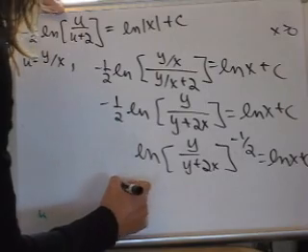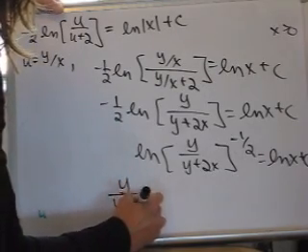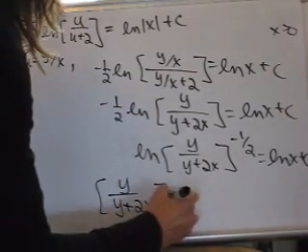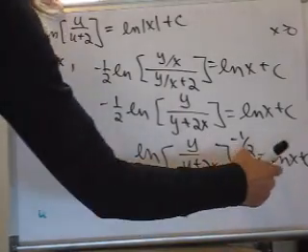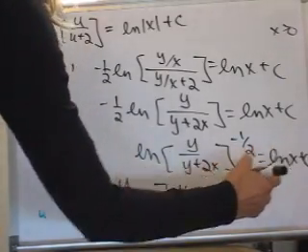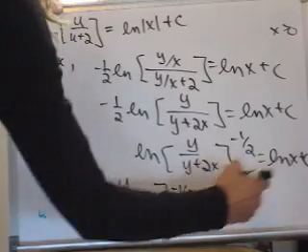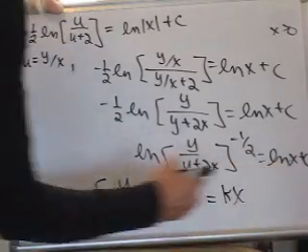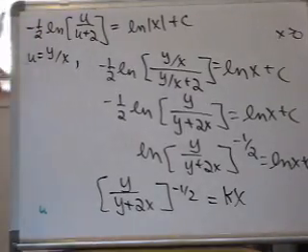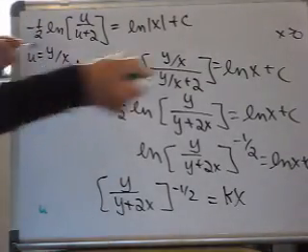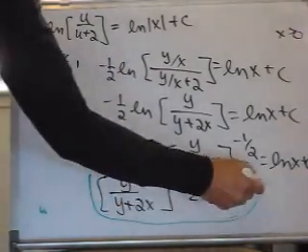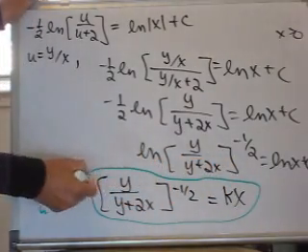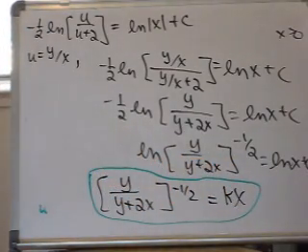And on the left, I would be left with y over y plus 2x to the -1/2 is equal to e to the ln of x plus c, which is going to be e to the ln of x times e to the c. So it's going to be some constant times e to the ln of x, which is just x. So this is what you end up for. You could actually solve this a little more explicitly for y, but I think this is fine for an answer.